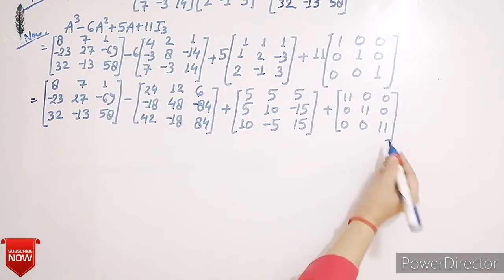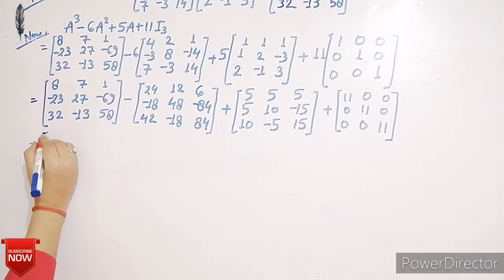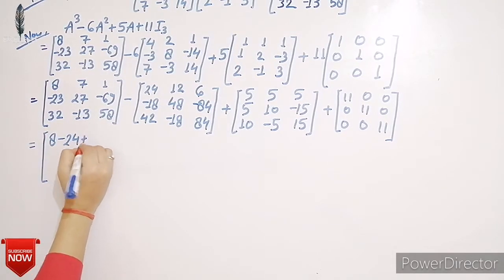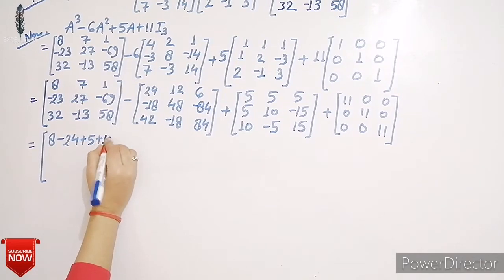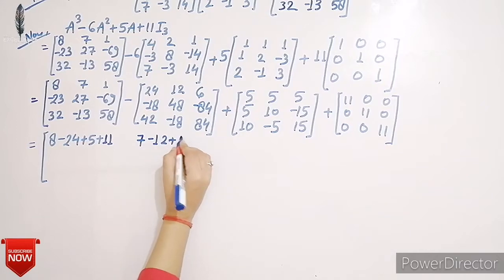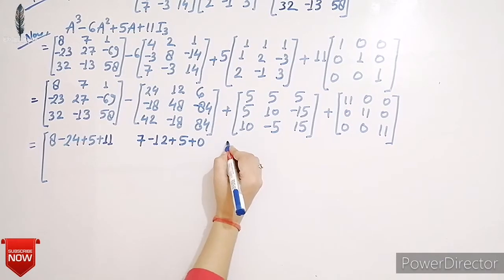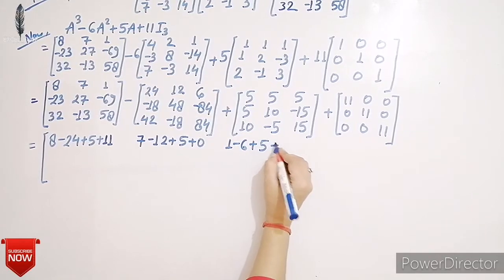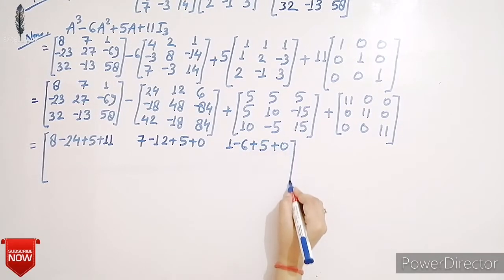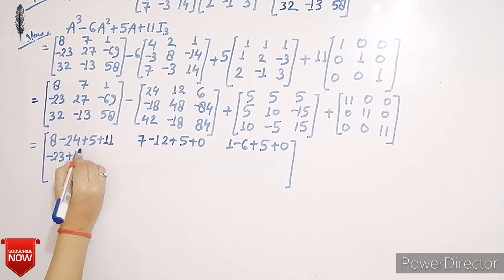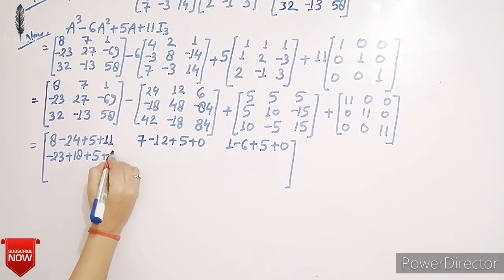On solving the corresponding elements, the first element is 8 minus 24 plus 5 plus 11. Here 7 minus 12 plus 5 plus 0, and here 1 minus 6 plus 5 plus 0. In the second row, we have minus 23 plus 18 plus 5 plus 0.